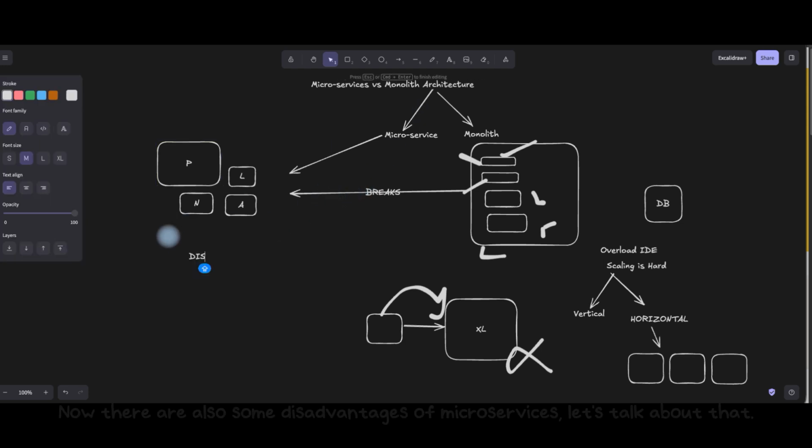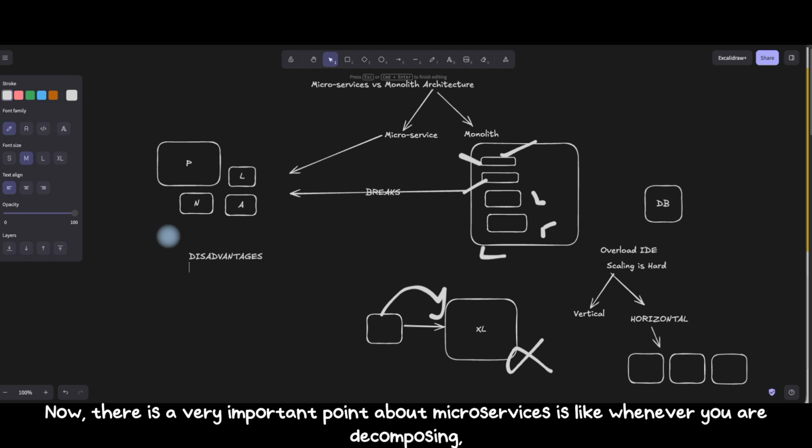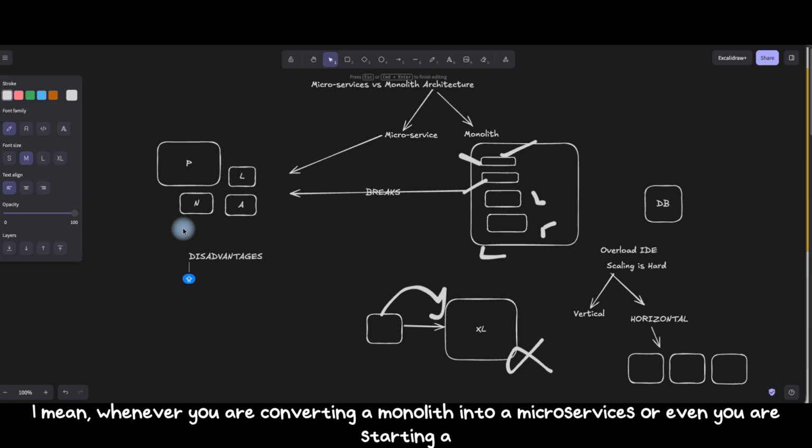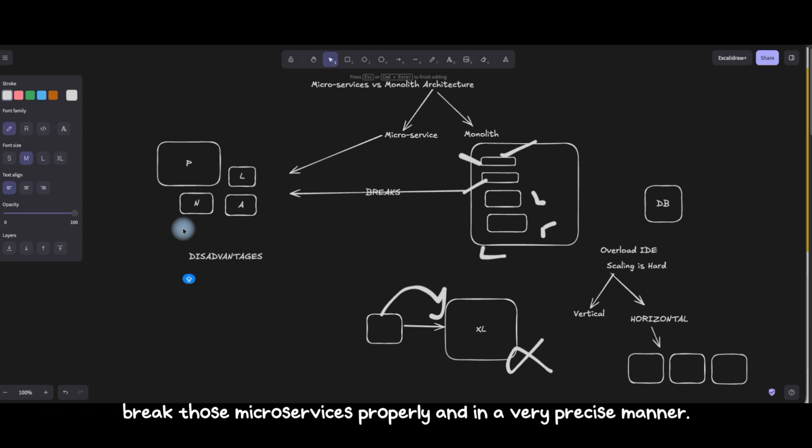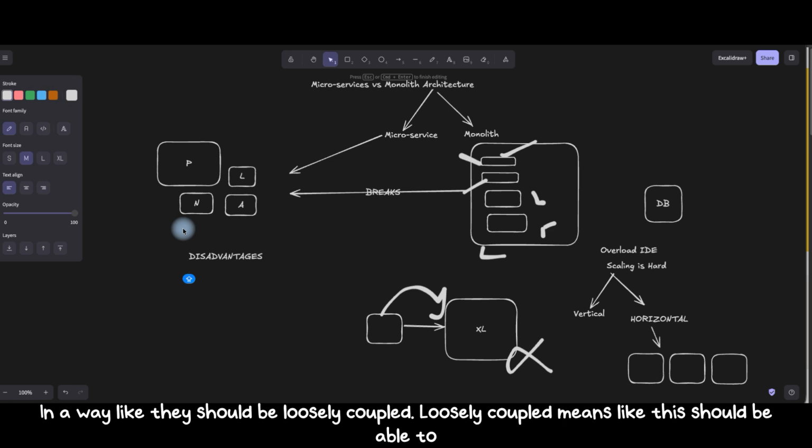Let's talk about that. What are the disadvantages? There is a very important point about microservices: whenever you are converting a monolith into microservices, or even starting a project and you decide to move on with a microservices architecture, it's very important to break those microservices properly and in a very precise manner, so that they are loosely coupled.